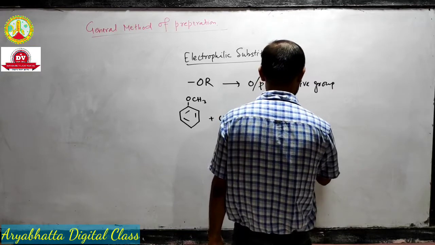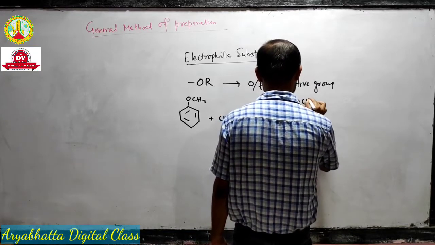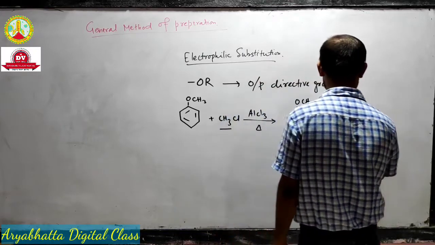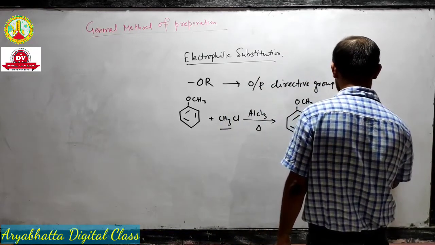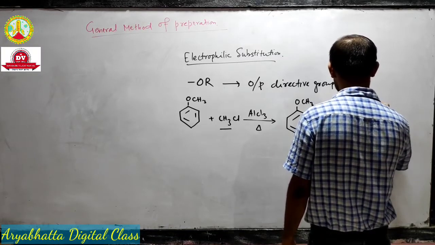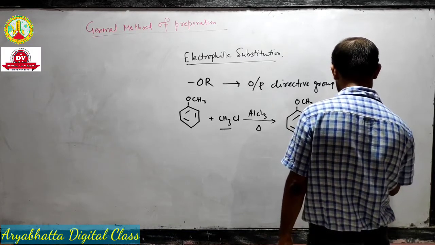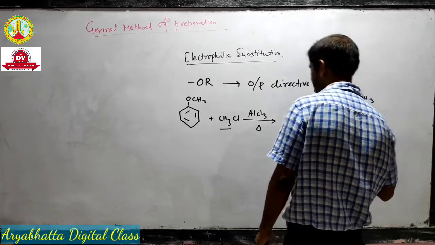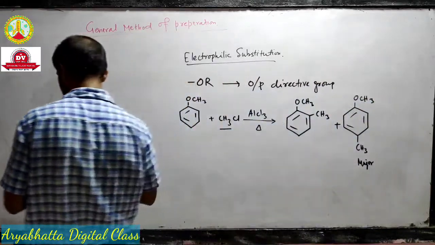Ortho-para directive, so we will get two isomers, one ortho isomer and one para isomer. Para isomer is the major product.